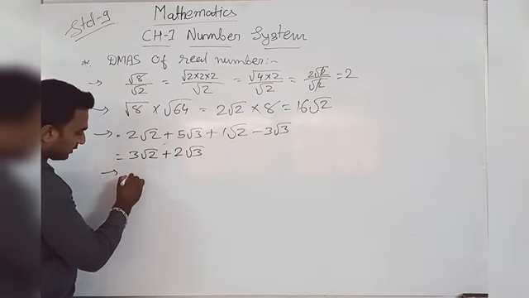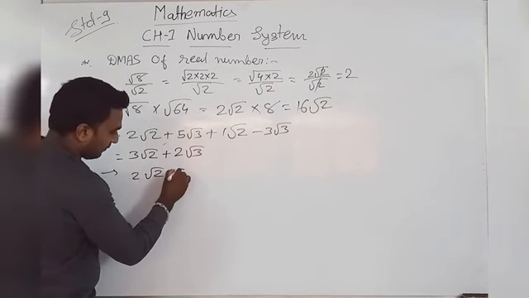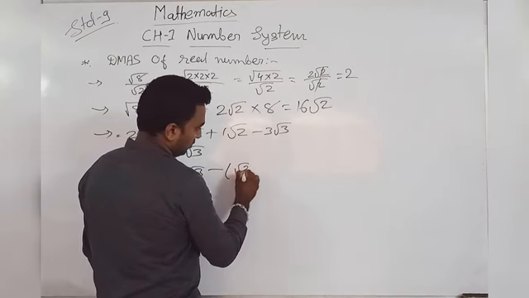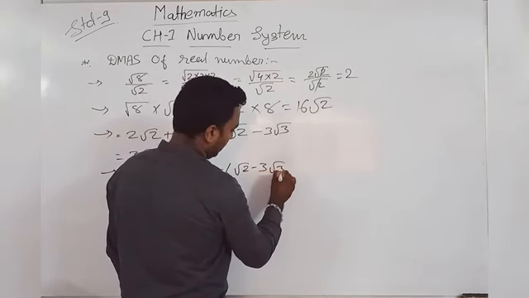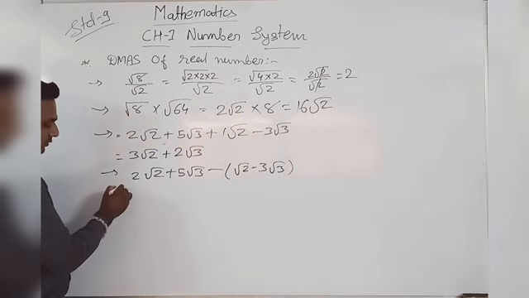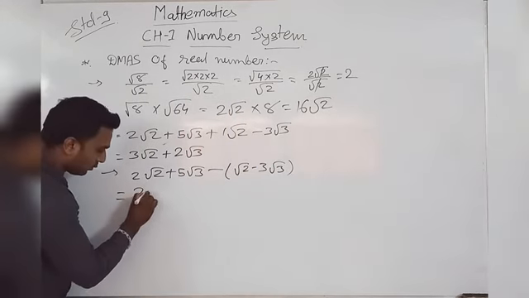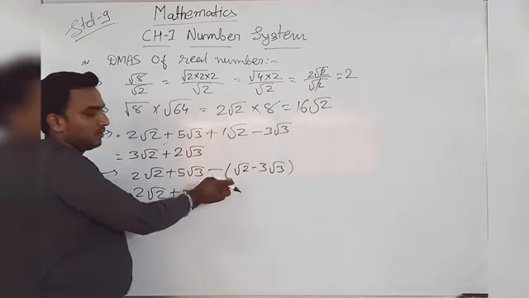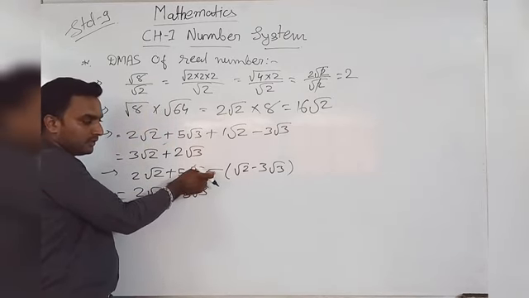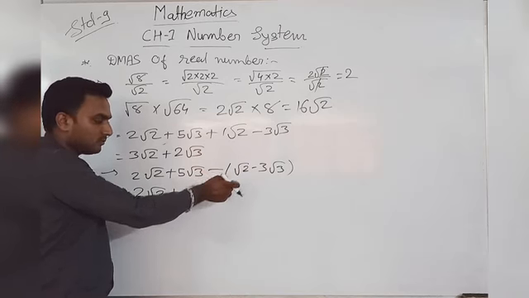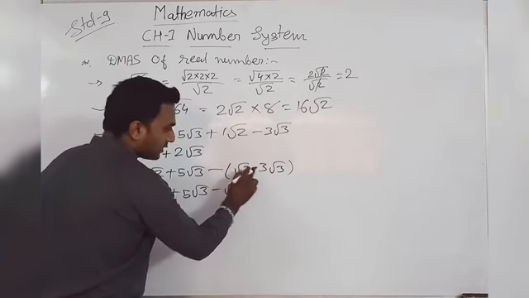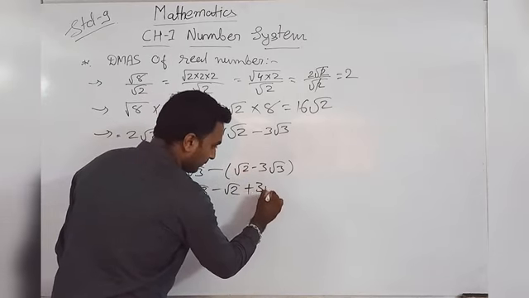Now next we have to do the subtraction for the same numbers: 2 root 2 plus 5 root 3, minus root 2 minus 3 root 3. Now we have to open the bracket. This minus is multiplied with each term, so it is minus root 2, and minus times minus gives plus 3 root 3.